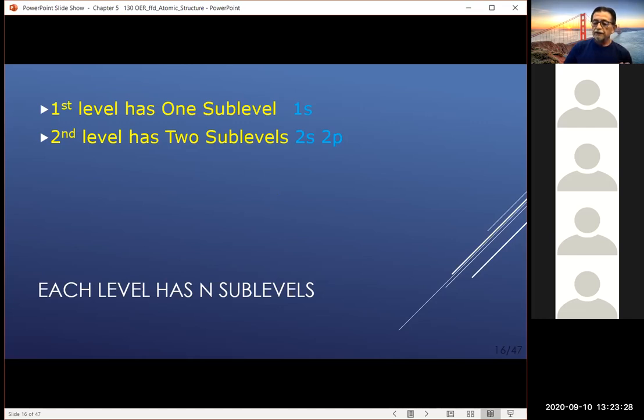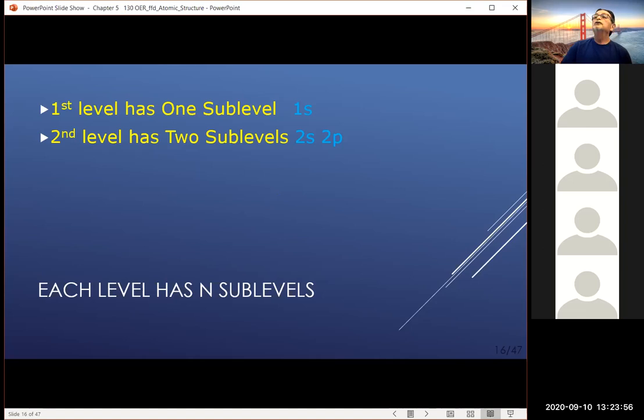They have an S and the P. Now the number in front of the letters represents the energy level, okay? So we have 2S, meaning it's in the second energy level, and they have the 2P, which again is in the second energy level. Notice that the first energy level does not have a P, only the S. The second energy level has 2 orbits, the S and the P.